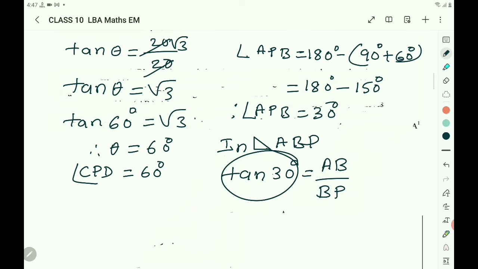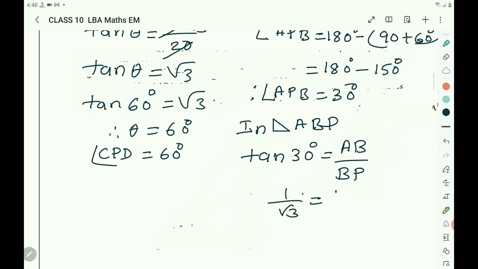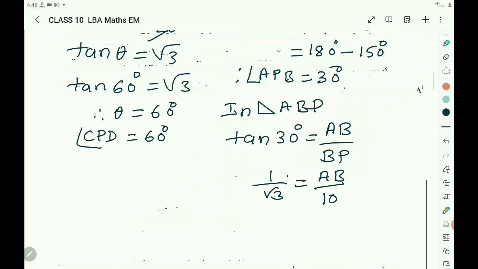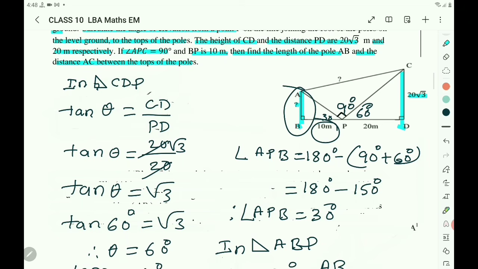Tan 30 value is 1 by root 3 equals AB is to be find out. BP is given 10 meter. Then do the cross multiplication. 1 into 10. 10 by root 3 is equals to AB. We got the height of the pole AB.